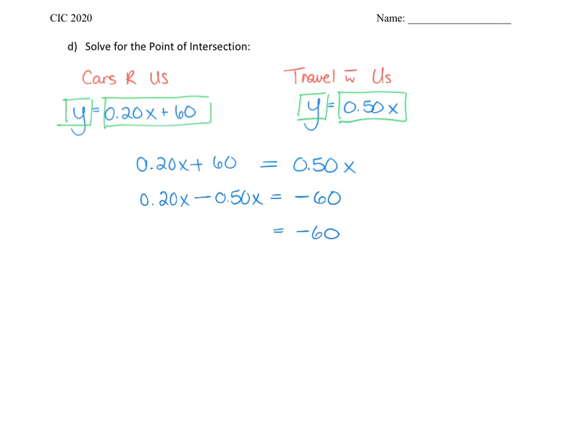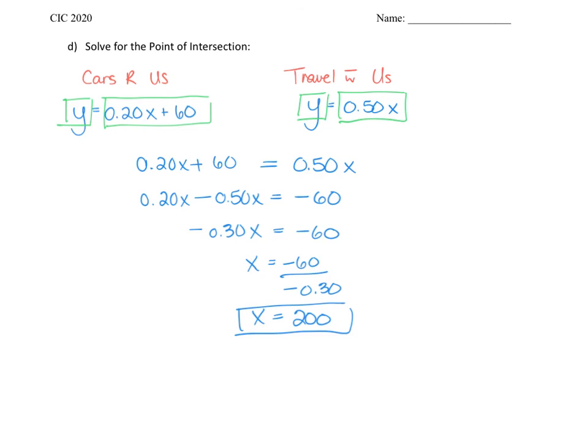On the left, I have 0.20 minus 0.50 equals negative 0.30x. Okay, solve for x. We're going to divide to the other side. It's negative 60 divided by negative 0.30. And we're going to get x equals 200. Okay, so that's the x value.